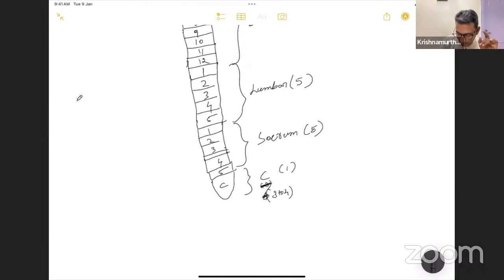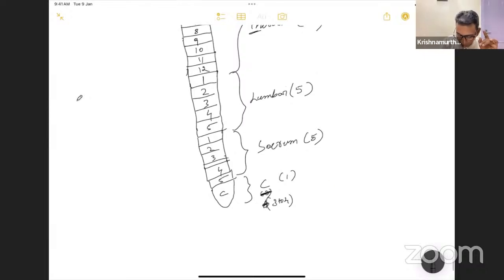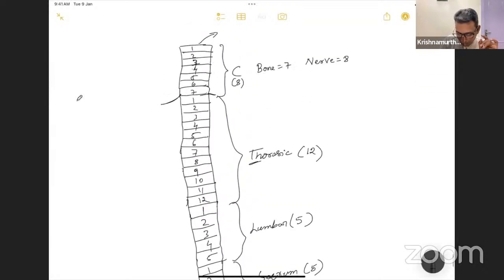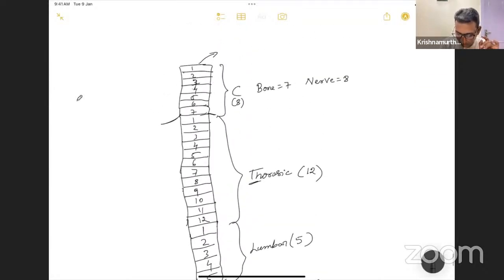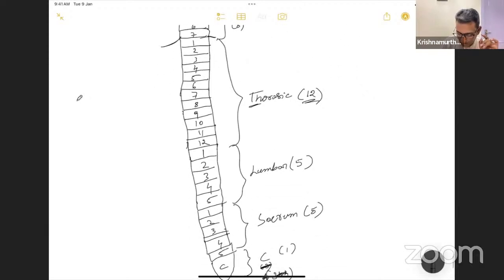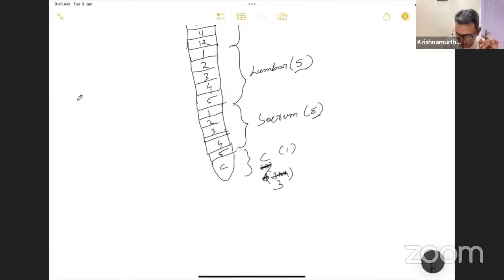So the bone is 3, the nerve is 1. Let us say if it is 3, we will take it as 3 itself. So you add 8 nerves and 12, that is 20, 20 plus 10, 30, and this is 1 nerve.